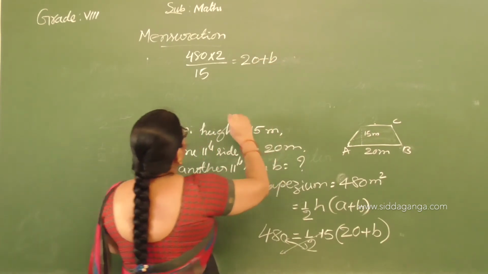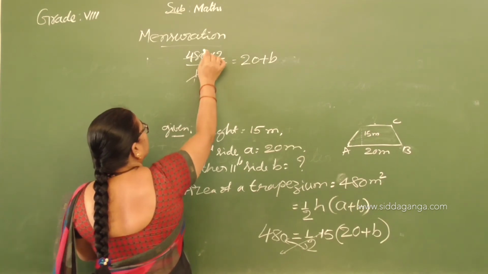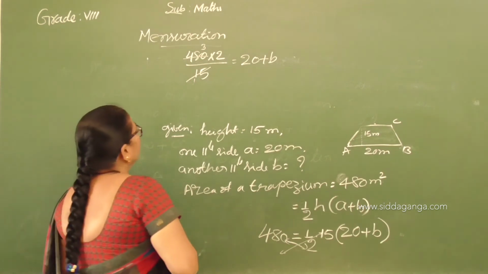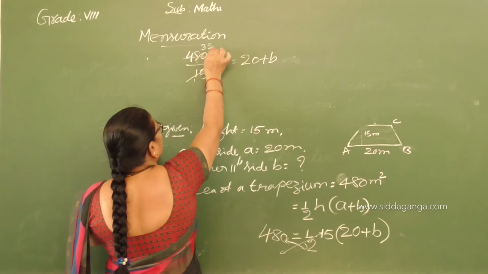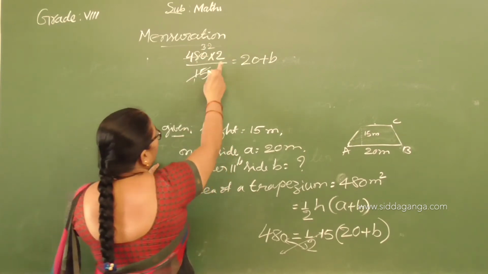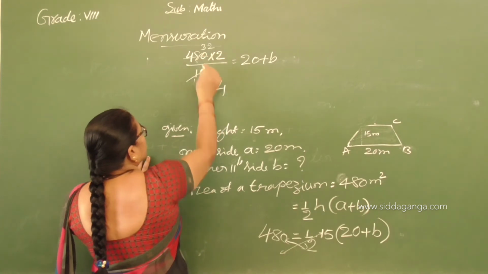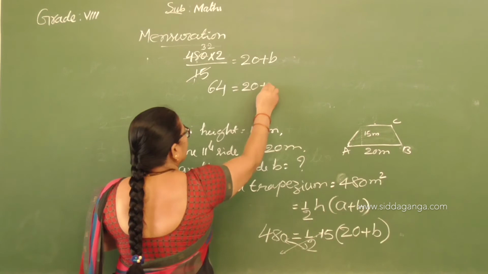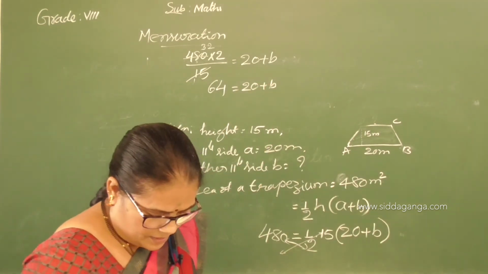Here 15 ones are 15, 15 threes are 45, 3 remains, 15 twos are 30, so the result is 64. 64 is equal to 20 plus b.